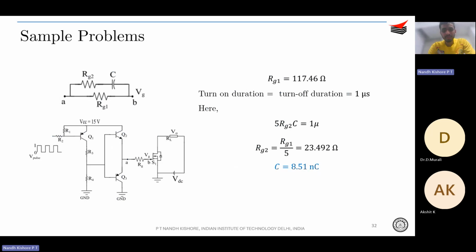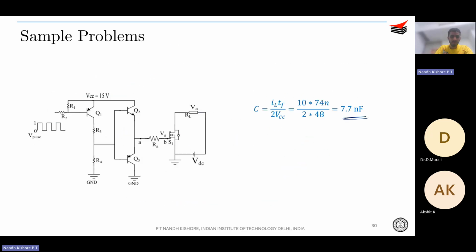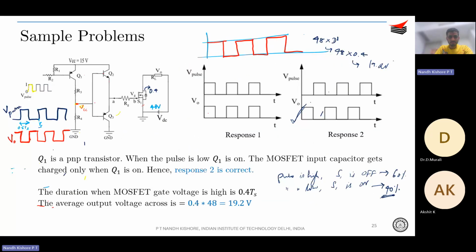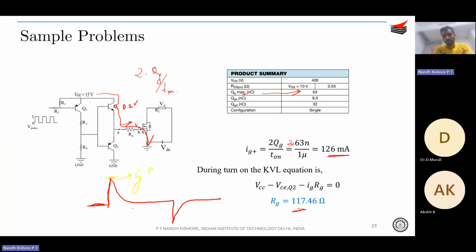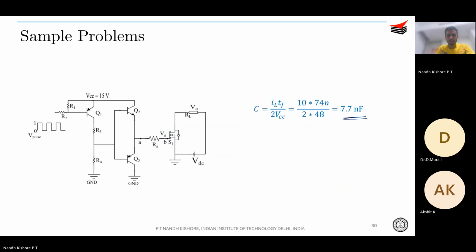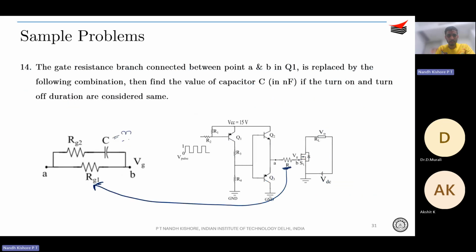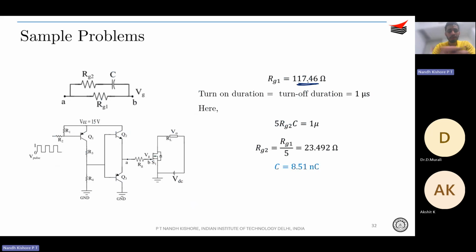You know what RG1 is. We computed RG1 as 117 ohms. By rule of thumb, we generally choose RG2 to be RG1 over 5.